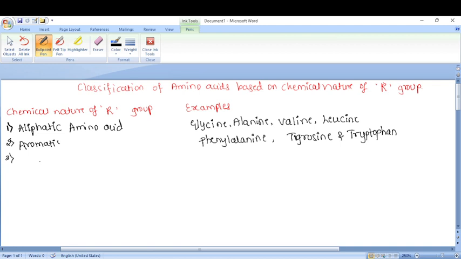Next, third one, hydroxylated. Examples, serine, threonine. Next, fourth type, that is carboxylate.